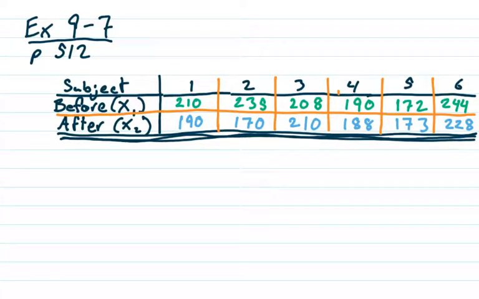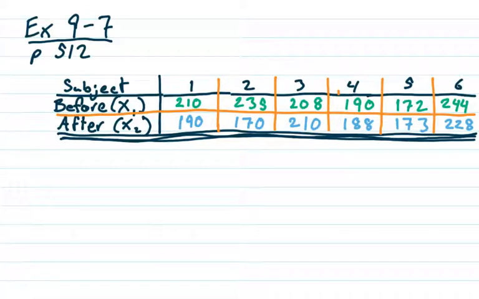And here is one thing to notice. Anytime we have this sort of situation, before a treatment and after a treatment to determine the effectiveness of that treatment, we're going to want to track the individual subjects and their change over the course of the treatment.